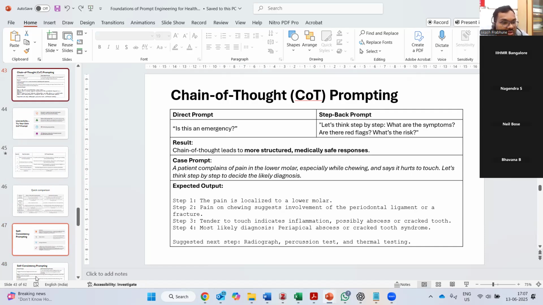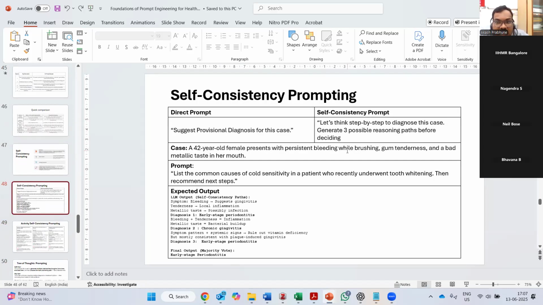If I come here, it still has to think step by step, but it has to generate three possible reasoning paths before deciding. After going step by step, it has to apply what is the best possible out of them. So it's again a chain of thought with a democracy: which of these three things is the best answer?